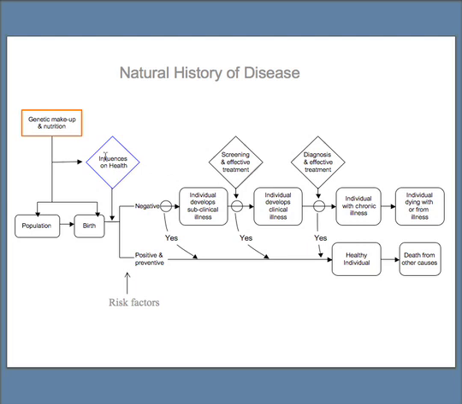There are influences along the way on whether or not they develop subclinical illness initially. Even if there are negative influences first, the person may, with other influences, perhaps screening and effective treatment, move from this disease course back to a more healthy individual course, and die from causes other than the illness of interest.